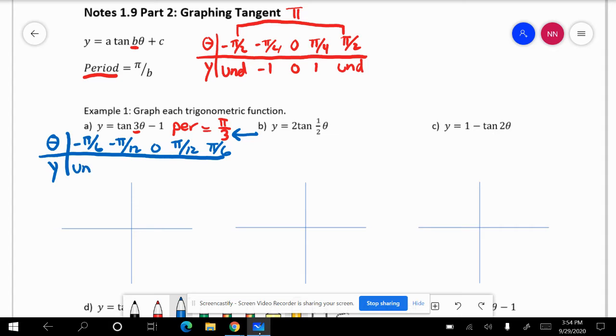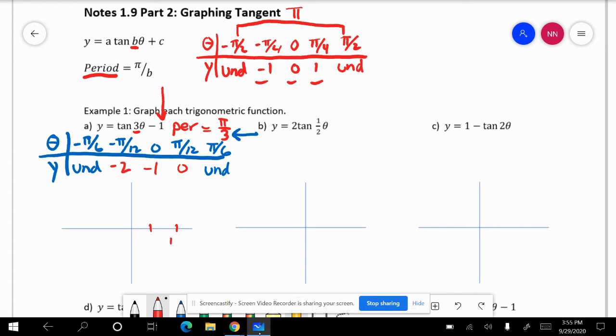We're going to start with it being undefined and end with it being undefined. Notice that we have a midline of negative 1. So that means we're subtracting 1 from each of our values. So instead of negative 1, 0, 1, we're subtracting 1 from each of them. So we get negative 2, negative 1, and 0.